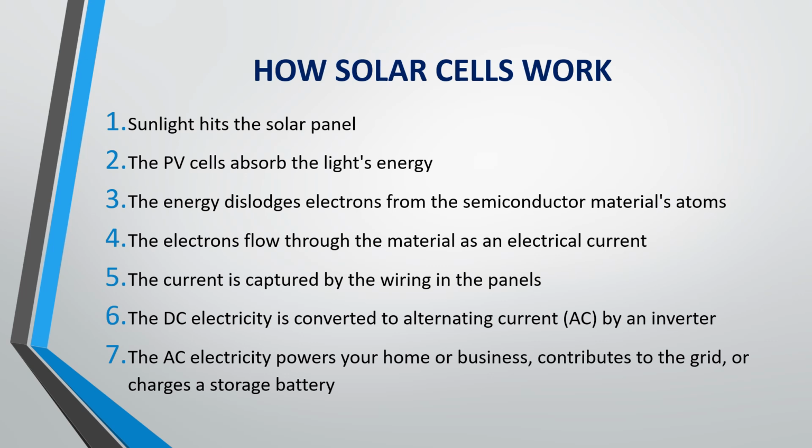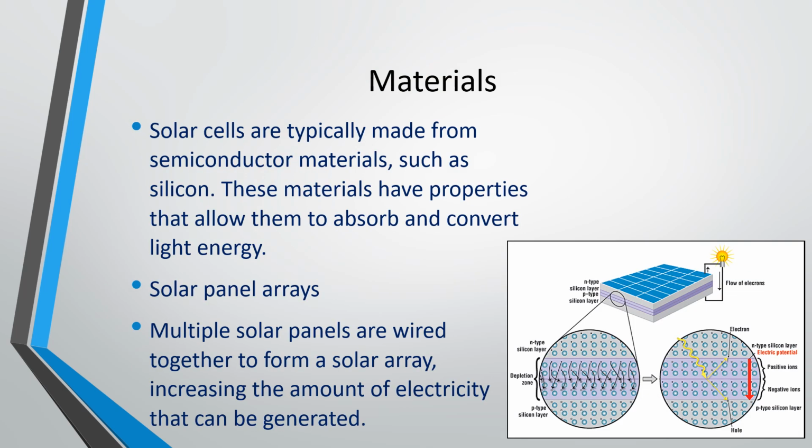The current is captured by the wiring in the panels. The DC electricity is converted to alternating current with the help of an inverter. The AC electricity powers your home and businesses, contributes to the grid, or charges a storage battery. So this is how you get it.